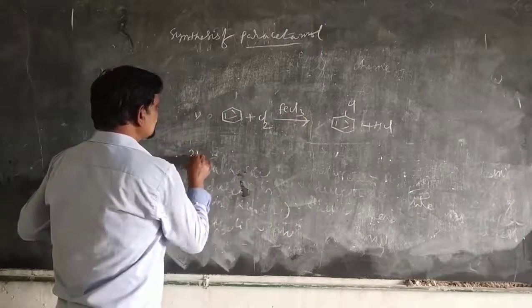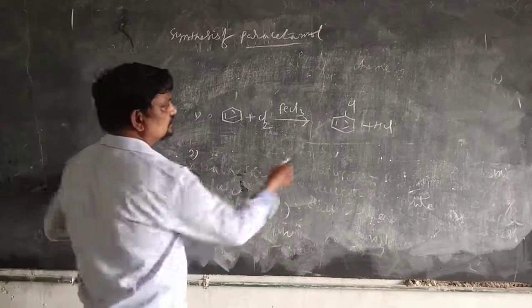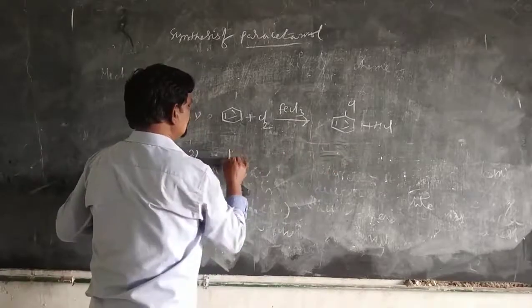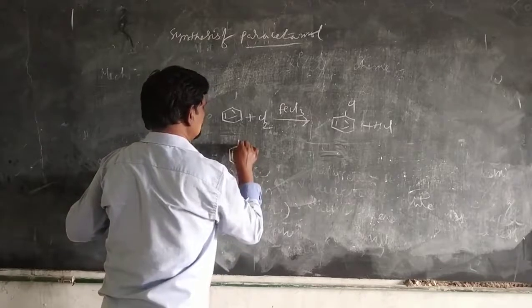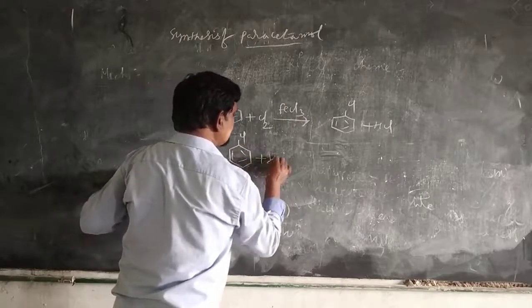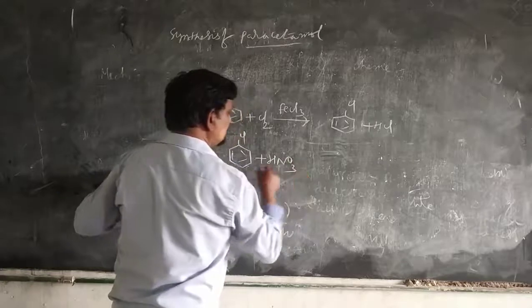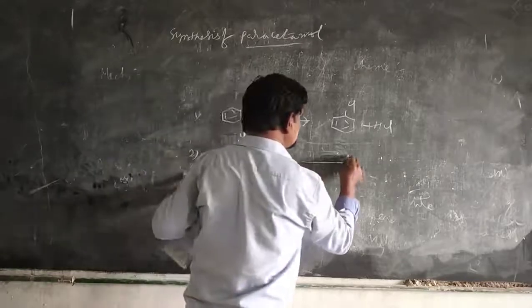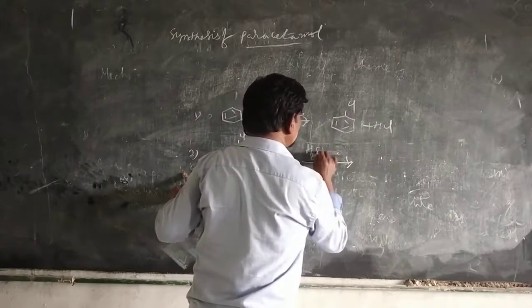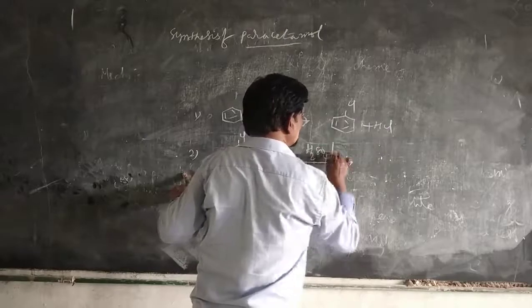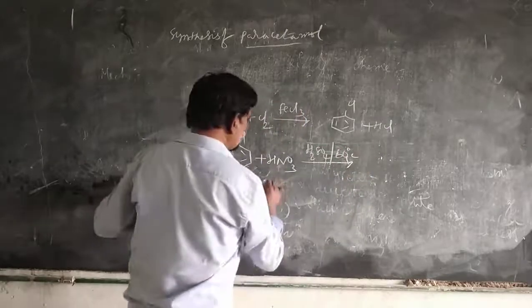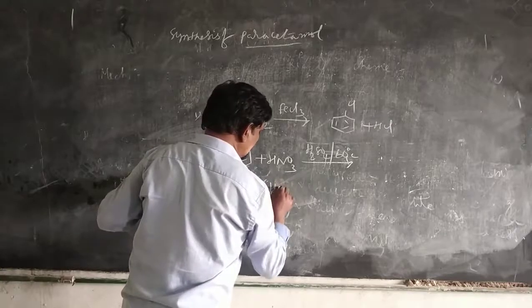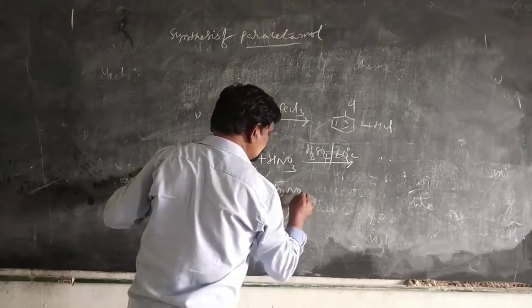In another conversion step, chlorobenzene is treated with nitric acid in the presence of sulfuric acid, maintained at less than 60 degrees. Nitric acid ionizes to OH minus and NO2 plus.